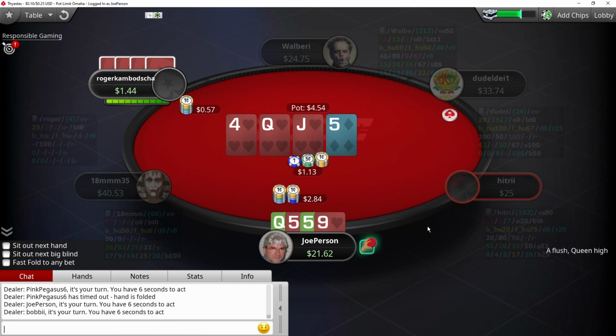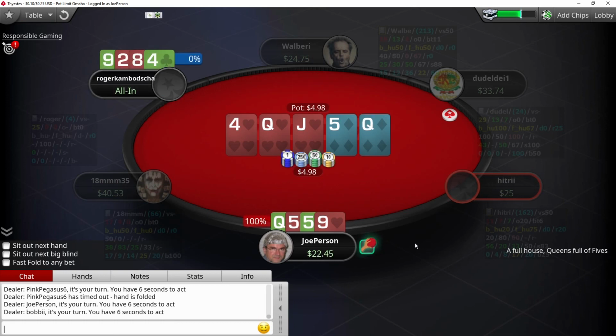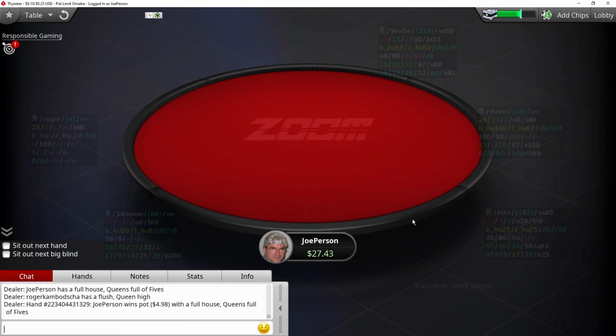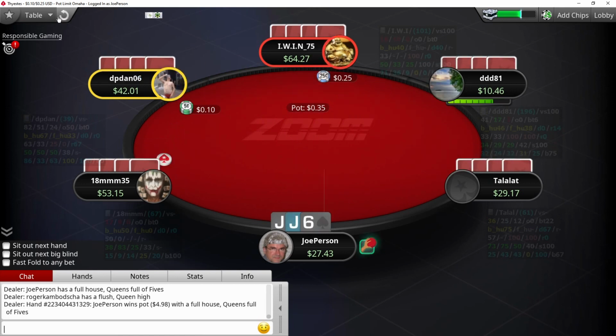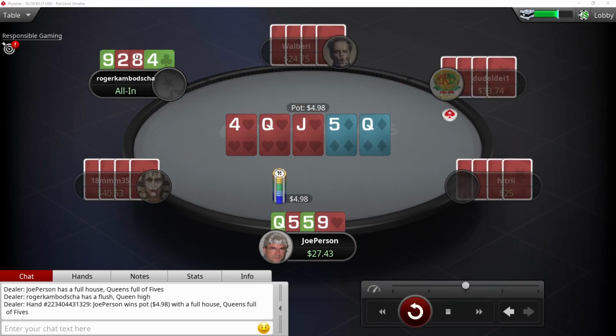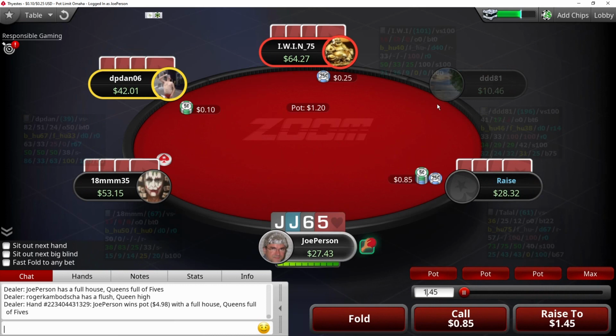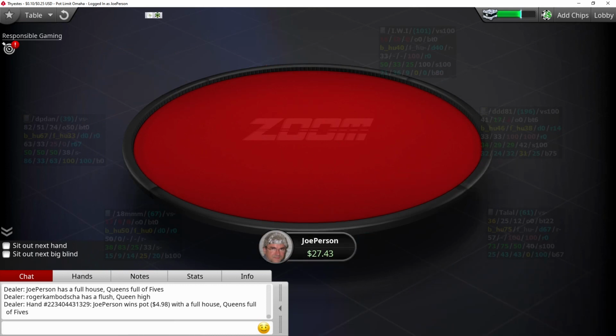So now let's get it in and see if he has the flush or not. And wow, now it's our lucky day. We've got the higher flush, and he has the 8 high flush. We had 9 high, so making the full house doesn't really change anything.